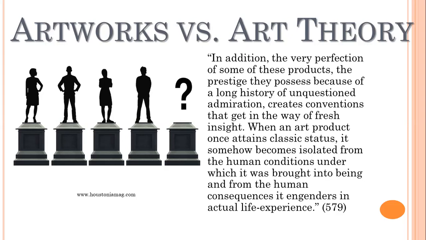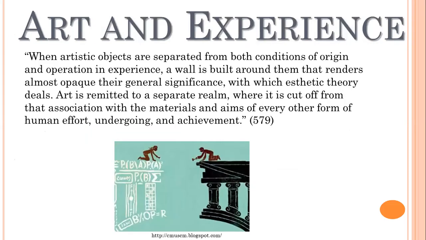But eventually, once it was finished, they originally unveiled it and kept it in front of the city hall in Florence, and so it was sort of an object of civic pride. And so for Dewey, that is an essential aspect of any piece of art.